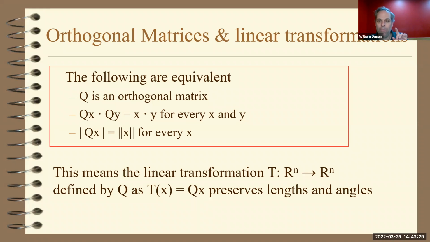So the orthogonal matrix, if you think of it as a linear transformation, applying the matrix multiplication to every vector in the plane, never changes lengths and never changes dot products between vectors. Since they do both of those, that means they don't change angles.